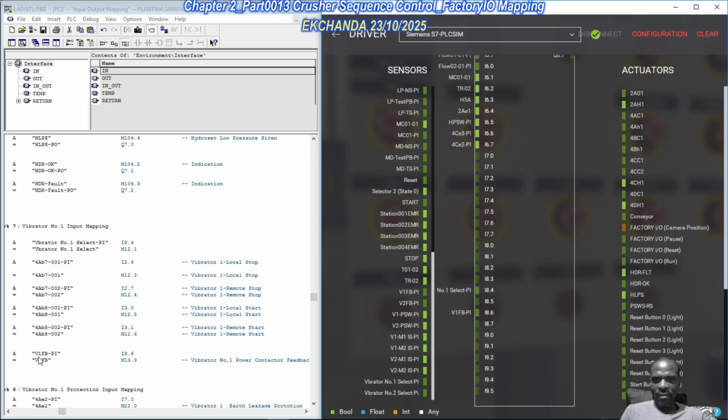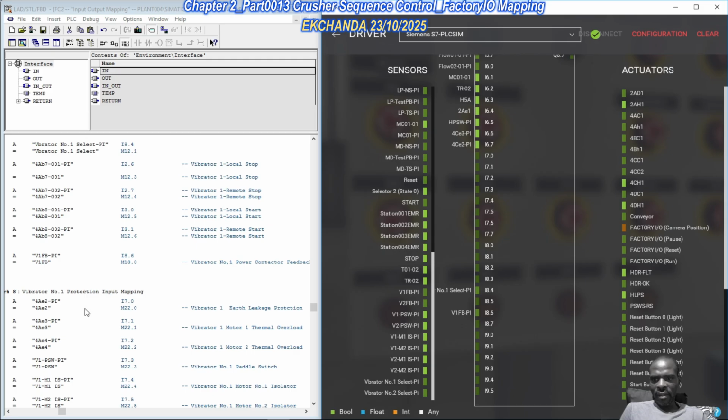Okay, vibrator 1 feedback is mapped to input 8.6, which is what we have done here, right? I think we're right. And then I think we're done for vibrator 1 input mapping.